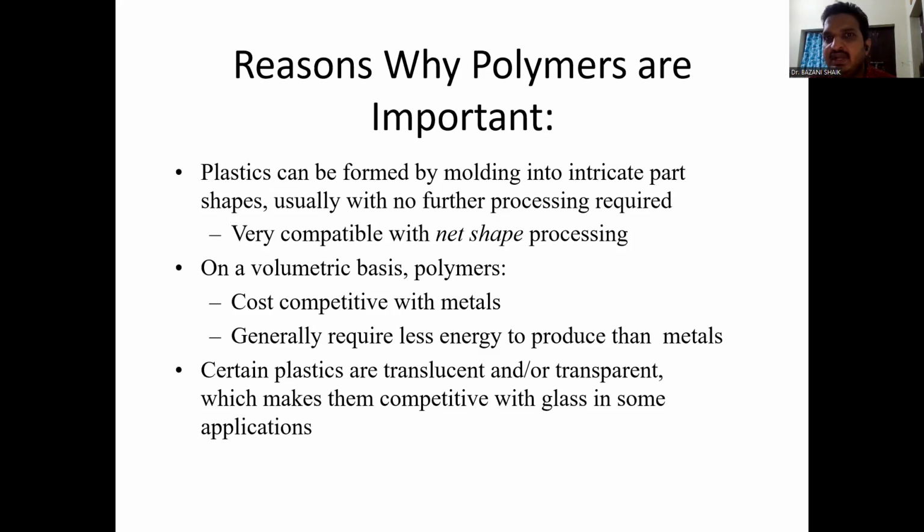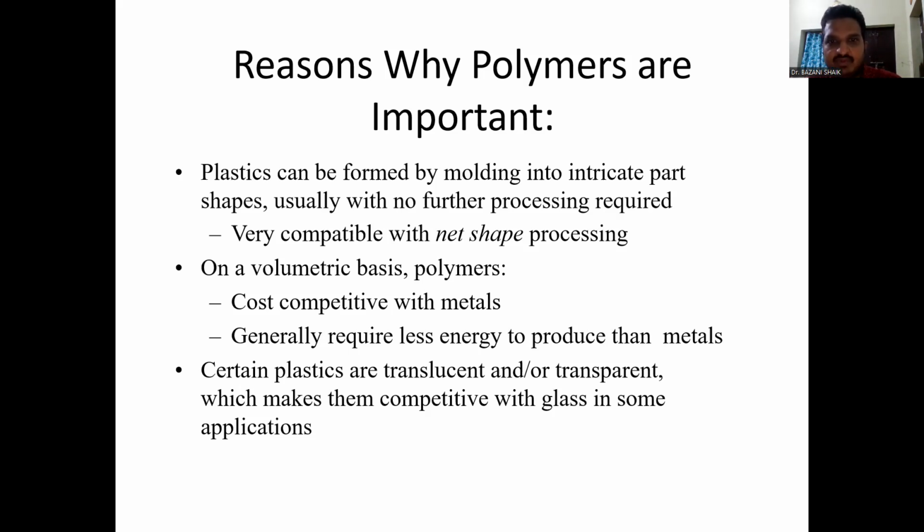And what is the reason why polymers are important? Generally, plastics can be formed by molding into intricate part shapes, usually with no further processing required.